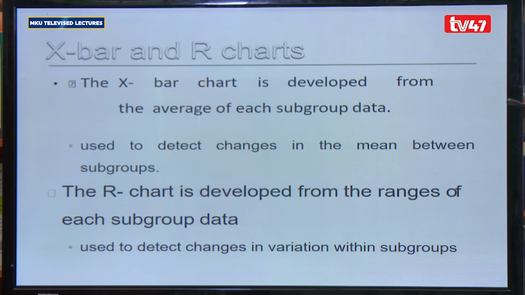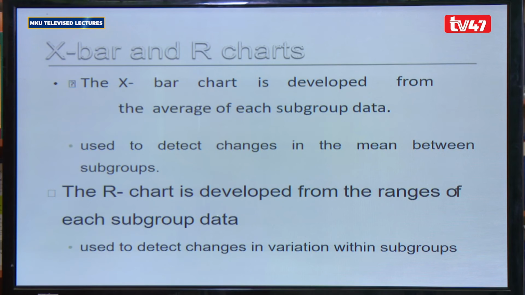So if you are dealing with sample means when we are investigating our data, the X bar chart will plot the average of the sample mean, and the R chart will plot the deviations or the range between the individual means.